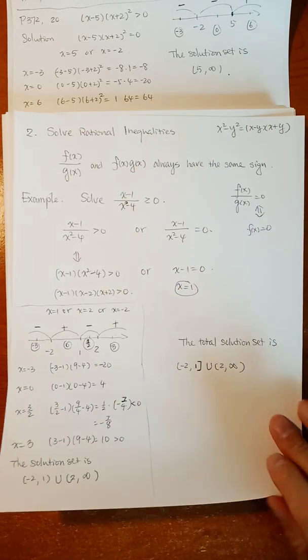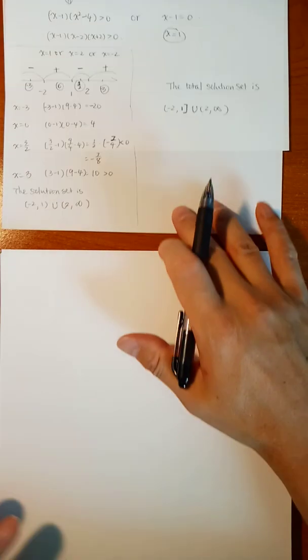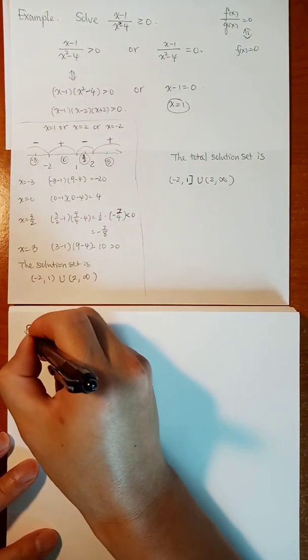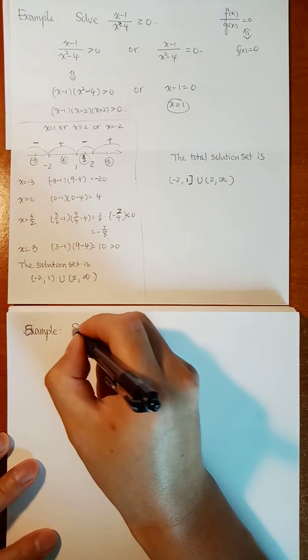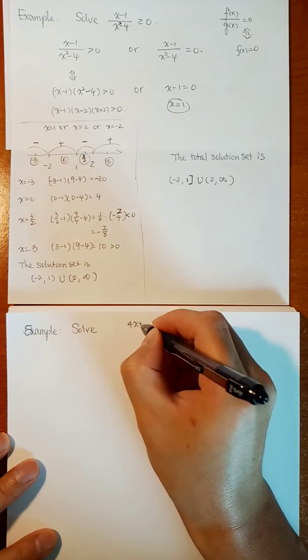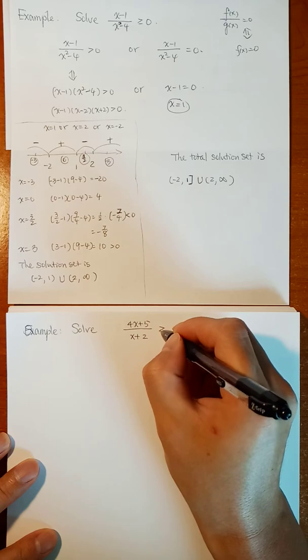Okay? So let's see another one. Example. Solve the inequality (4x+5)/(x+2) greater than or equal to 3.